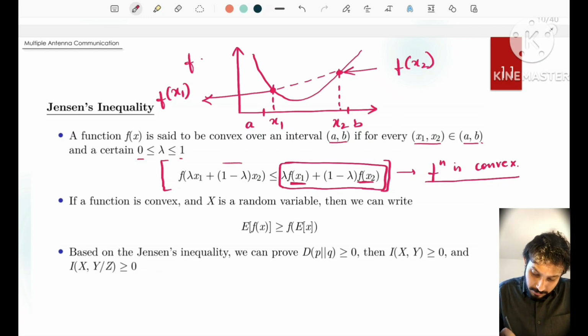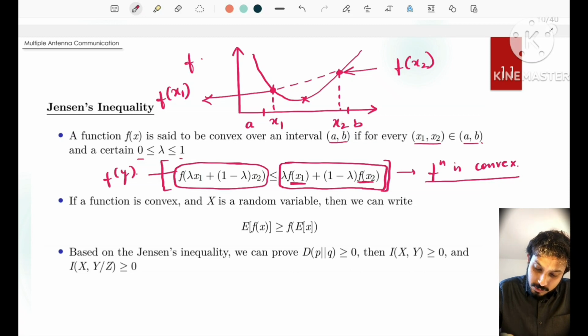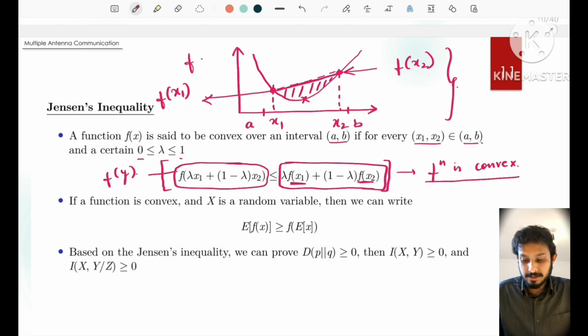If we draw a line between x1 and x2, it means that any point, let's say this is f of y, any point y in between x1 and x2 will always lie below the chord connecting x1 and x2. So this, in short, is the meaning of this inequality.